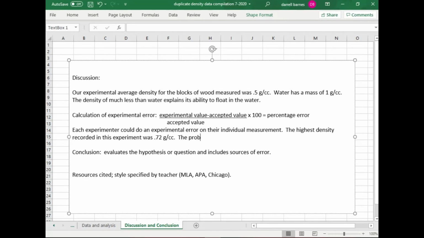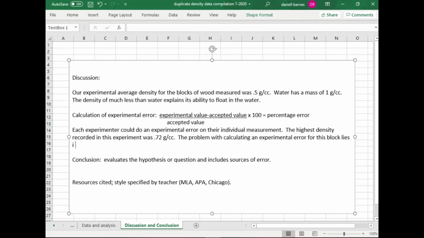The problem with calculating an experimental error for this block lies in the fact that it is hardwood, likely oak.